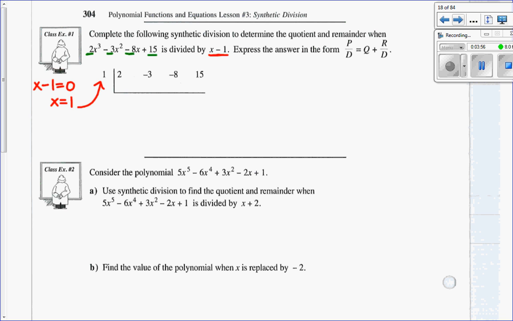So there is no term missing. If there was, you would put in a 0x to the whatever power was missing, just as a placeholder. But in this case, we don't have to worry about that. I'll show you some where we would. What you do is you just take the coefficient, the number in front of the x, and you write them here. So we've got 2, negative 3, negative 8, and 15.